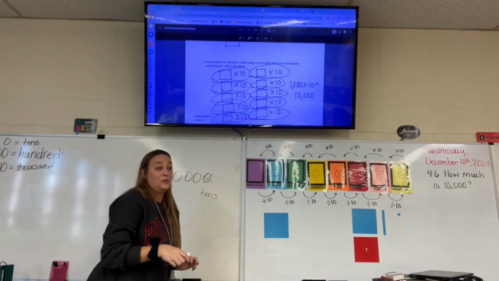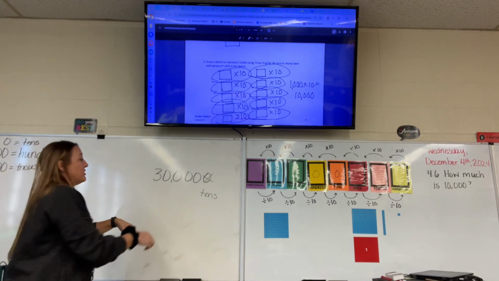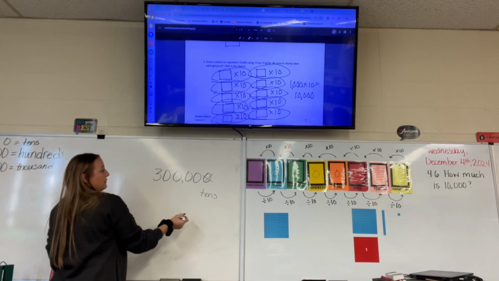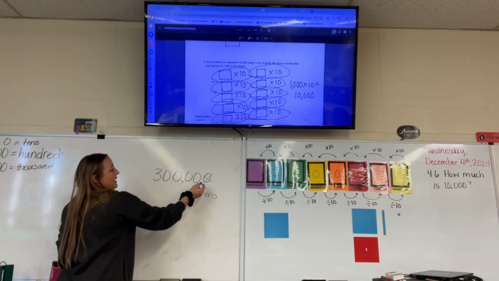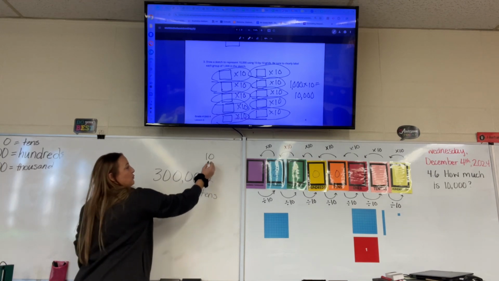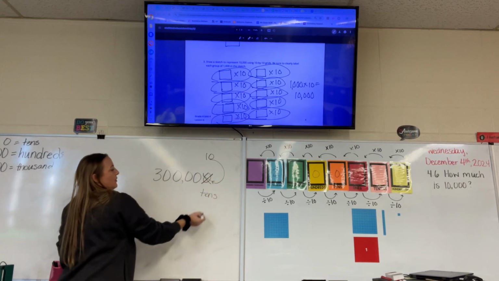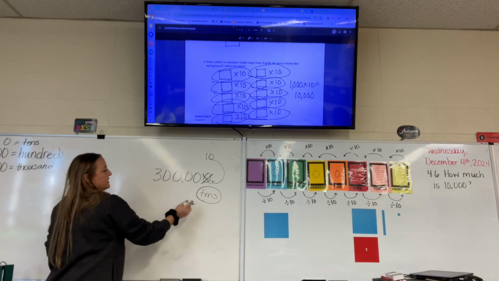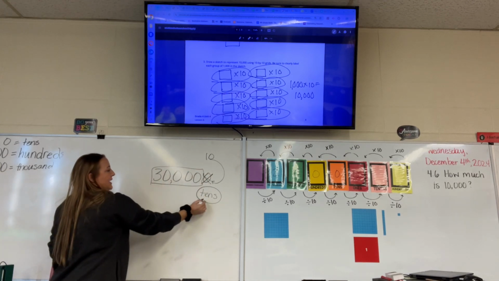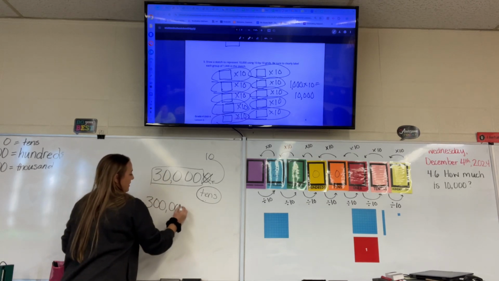Just kind of something cool. You with me? Okay, so the comma has to move because I crossed off a 0. So it started out to be 300,000, and I know that tens, the number 10, has 10 in it, right? So I can cross out 10 and turn that into the word tens. So it takes 30,000 tens to make 300,000.